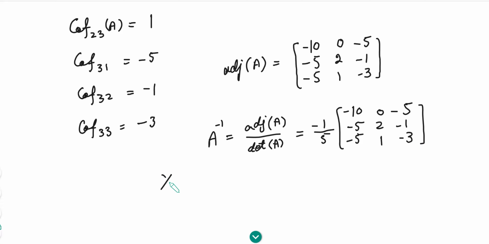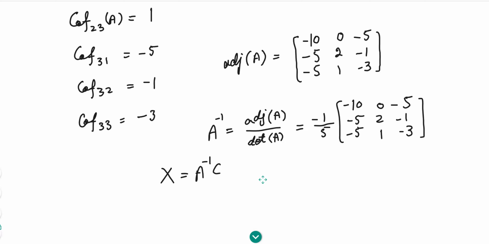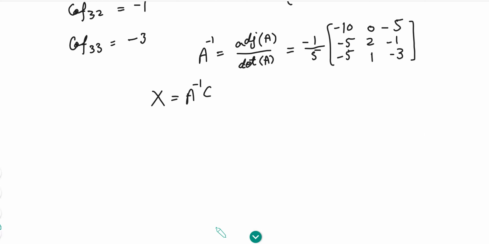But we remember that our x is equal to A inverse times C. Now we are going to multiply. We have -1 over 5 times this matrix. It is a scalar multiplication with a matrix, which means multiplication with each and every element.